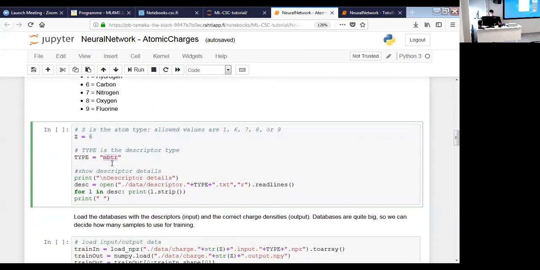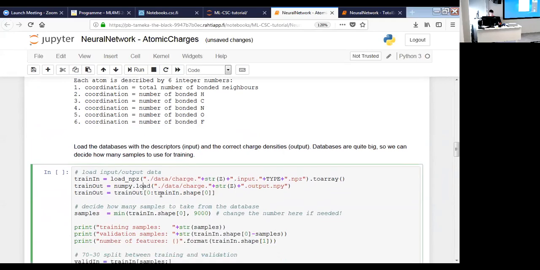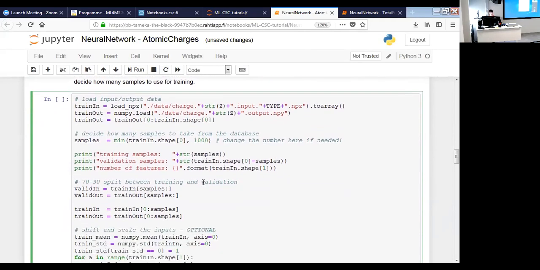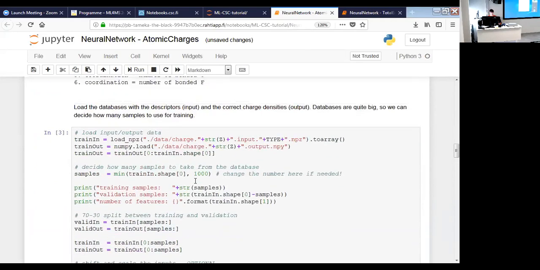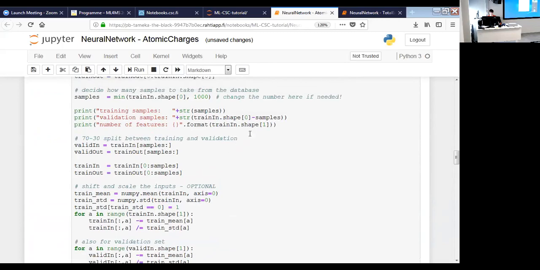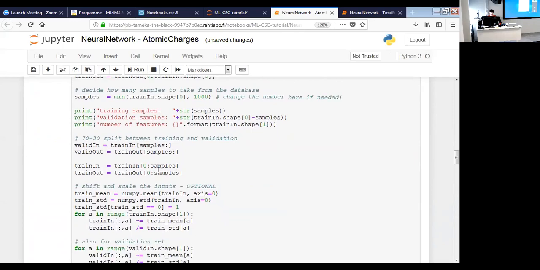Let's look at the bag of bonds, the simple one. Okay, we load the data set. I'm going to make it 1,000 because it's going to be faster to train, but you can experiment with bigger. So now we have 1,000 training samples, and you can change the number here for validation.